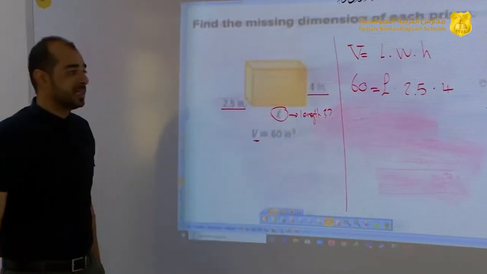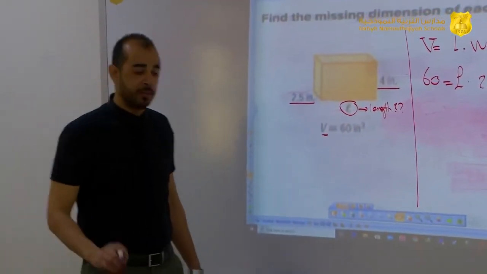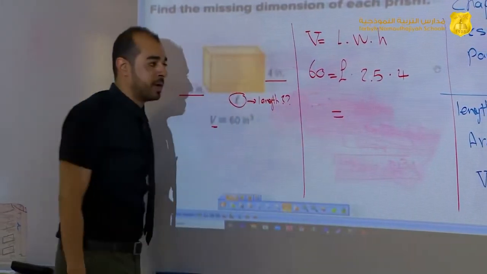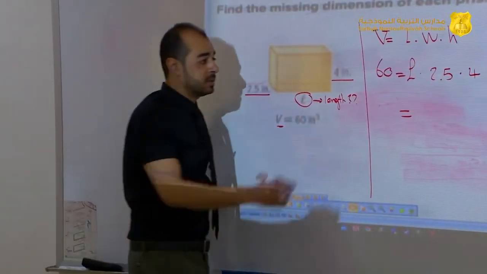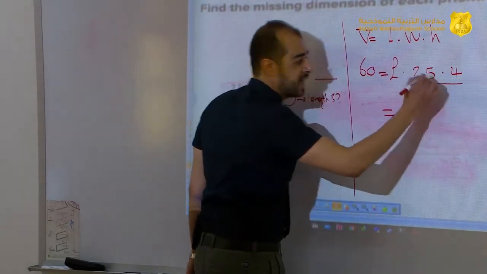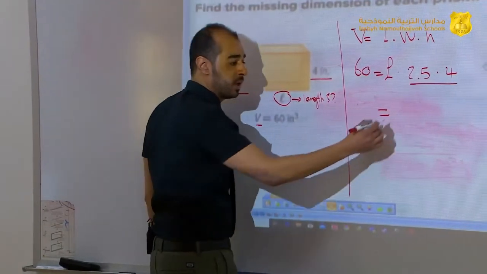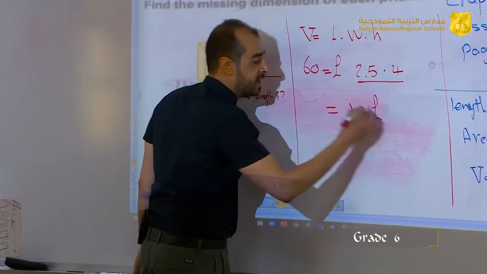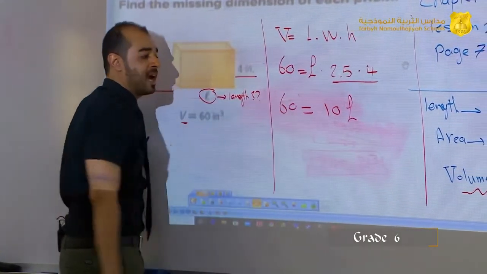Okay, so 60 equals L multiplied by 2.5 multiplied by 4. Okay. How can we solve this equation? Yes, good. Get the product of 4 and 2.5, which equals 10. Good. So now on the right side we have 10L, and on the left side we have 60.